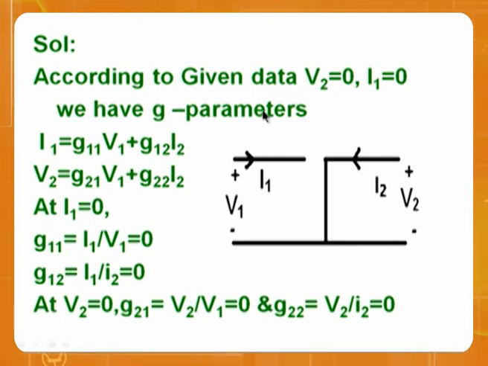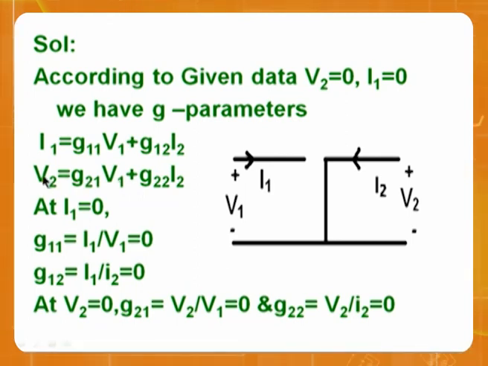When we go for G parameters, I1 is G11 V1 plus G12 I2. V2 is G21 V1 plus G22 I2. At I1 equal to 0, what will happen? I1 by V1 is 0, I1 by I2 is also 0. Now let me take the second equation. V2 is 0. G21 is V2 by V1.